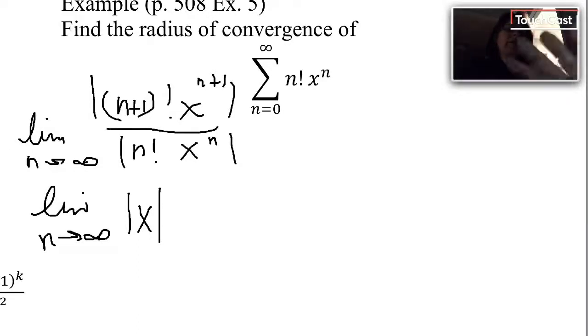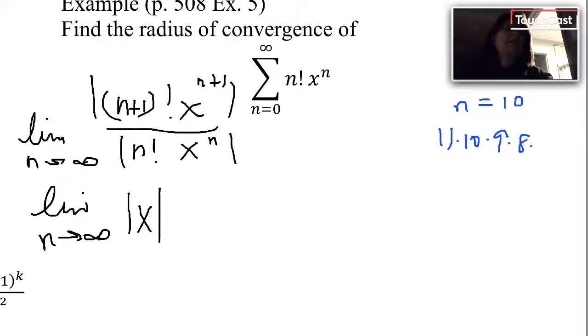If you already know about factorial notation, then don't worry about this part. But especially if it's new, think about what that means. For example, if n were 10, that would mean 11 factorial over 10 factorial. So that's 11 times 10 times 9 times 8 times dot dot dot over 10 times 9 times 8 times dot dot dot.